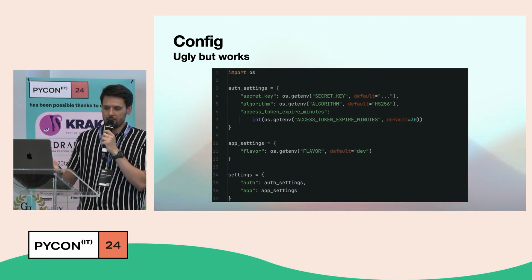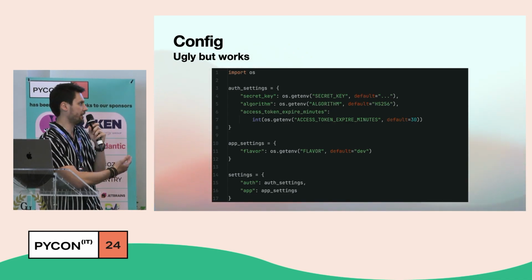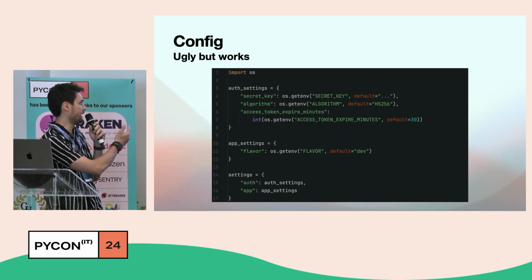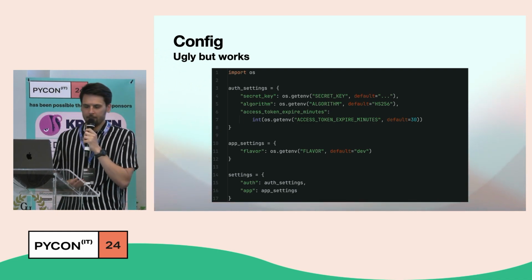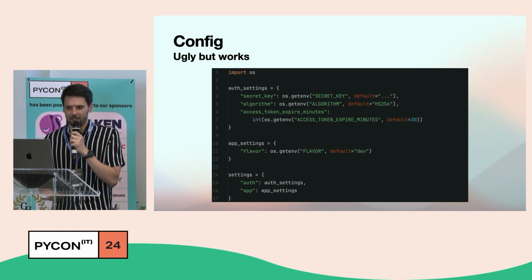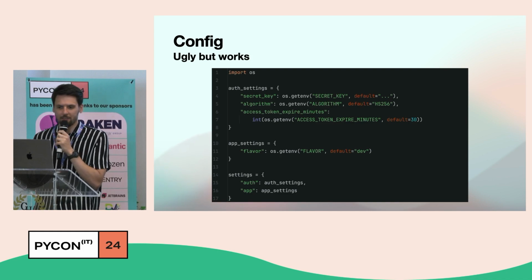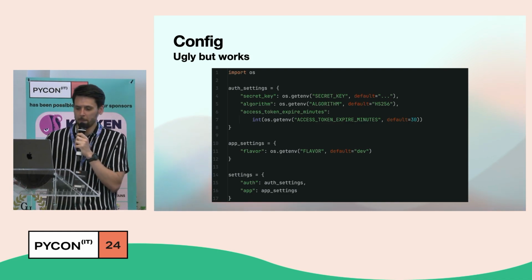In this example, I'm using os.getenv to get the environment variables, and all of these are held in a dictionary. Of course, I would request changes to that code in any PR, but for small proof of concept projects or hackathons, well, that will just work.